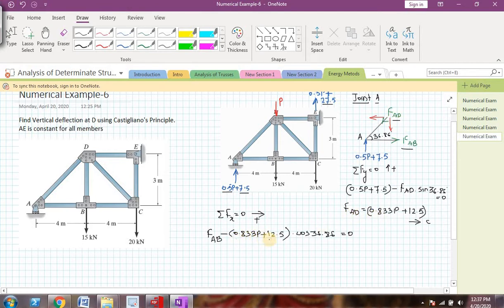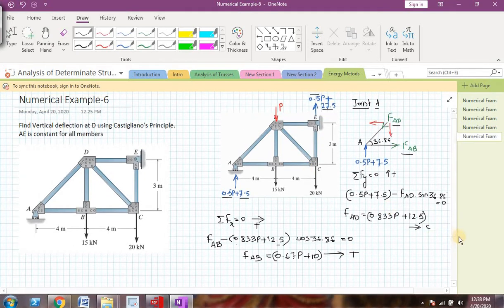FAD is 0.833P plus 12.5 times cos of 36.86. Now I can solve this to get the value of FAB, so I'm getting it as 0.67P plus 10. So this also I'm getting positive. It means AB, which I had assumed as tension, is correct.